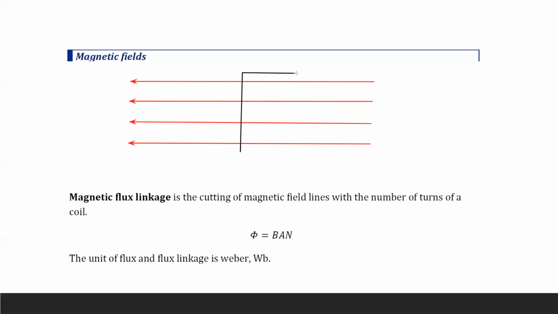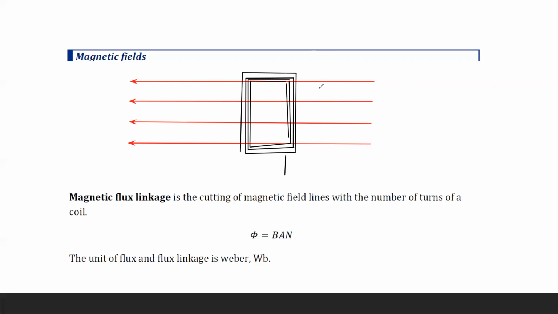It can be a rectangular wire or a circular wire, but a loop. Like this is one loop, then this is a second loop, third loop, and so on. So in this case, what we call magnetic flux linkage.